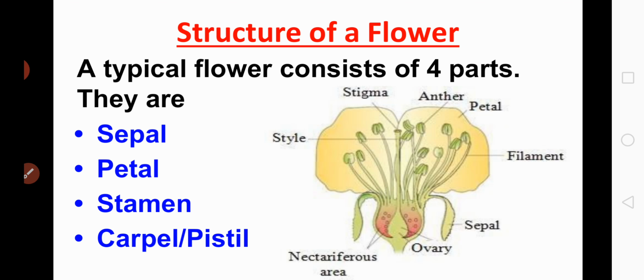Now, a typical flower consists of 4 parts: sepal, petal, stamen and carpel.